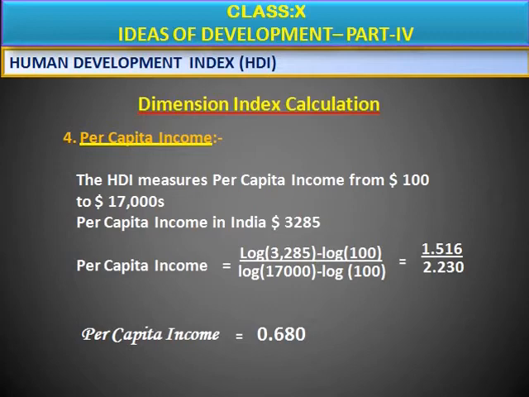After calculation, per capita income is equal to 0.680.